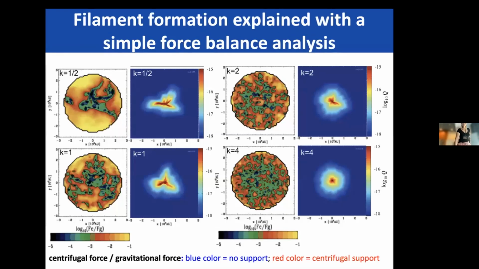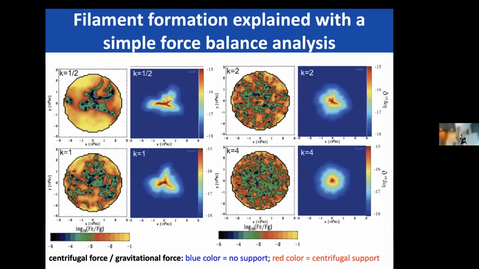I showed you before that it depends on your initial turbulent velocity field how you generate angular momentum in the cores. It also depends on your initial turbulent velocity field how you generate these filamentary structures inside the cores. We worked out that, from a very simple force balance, where you look at the ratio of centrifugal over gravitational force, you can figure out where filaments will form based on your initial condition.